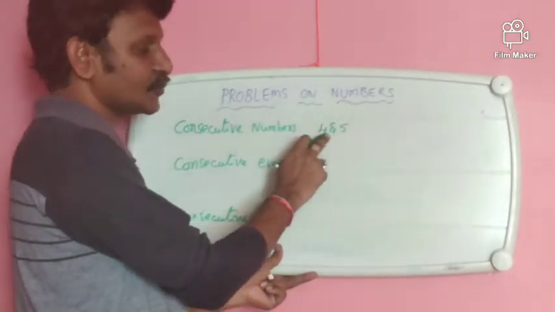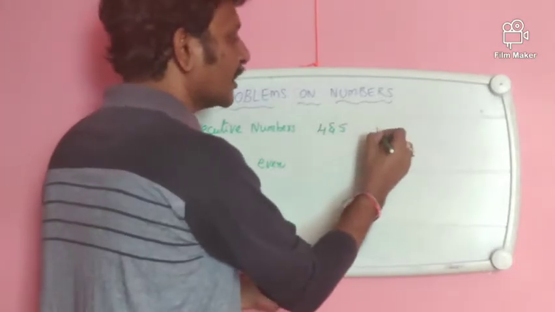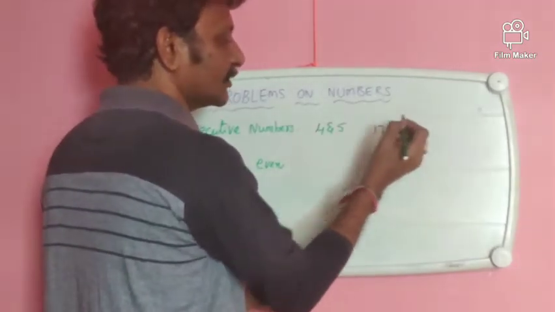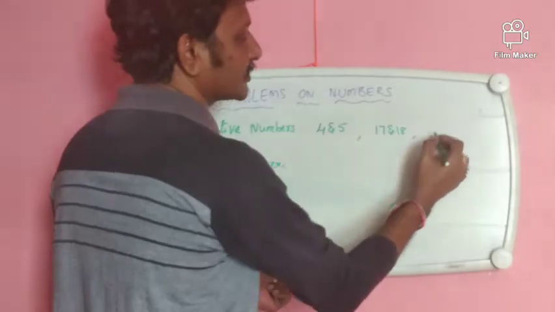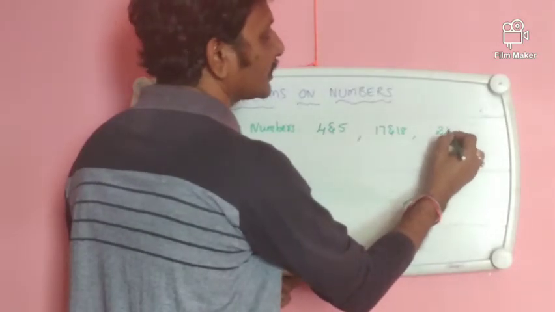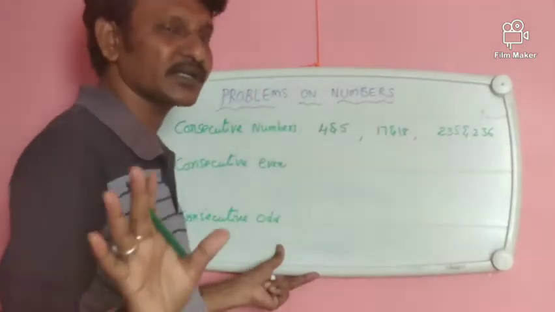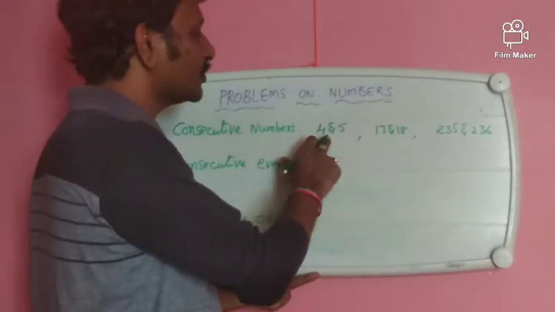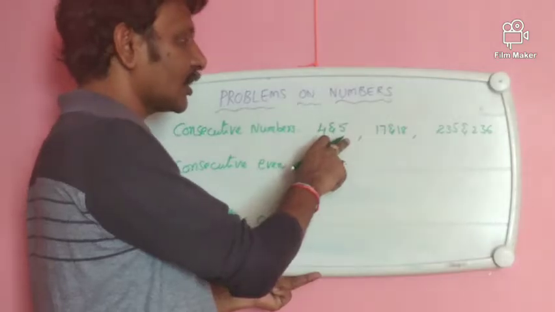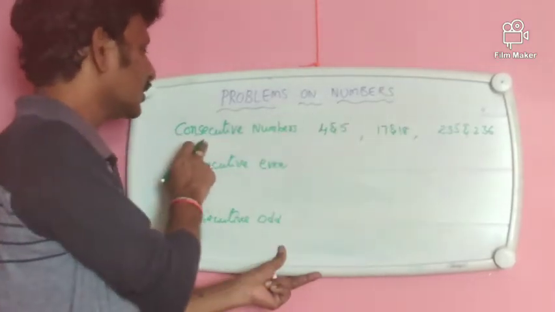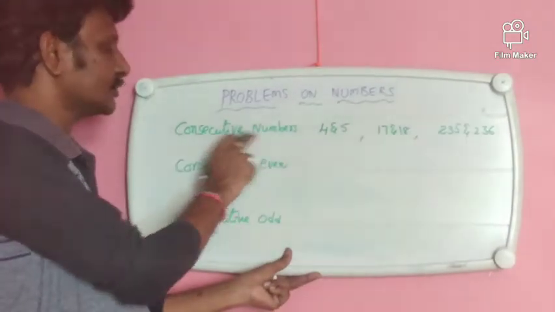There is no gap between these two numbers. One more example, 17 and 18. Let us see one more example, 235 and 236. Like that, so many examples you can write. Here there is no gap between these two numbers. They come in order without any gap. So these are the examples for consecutive numbers.